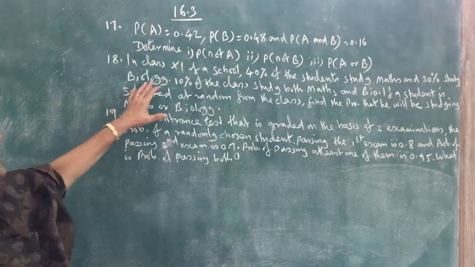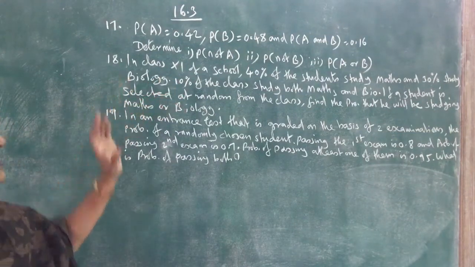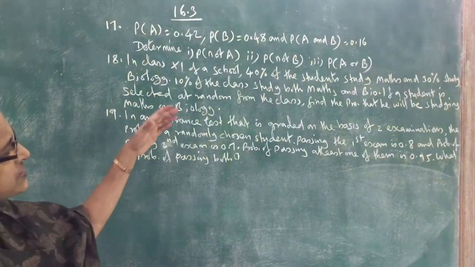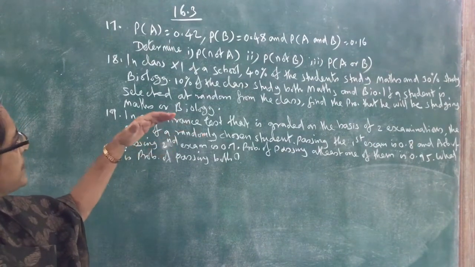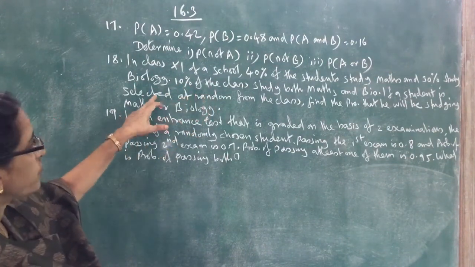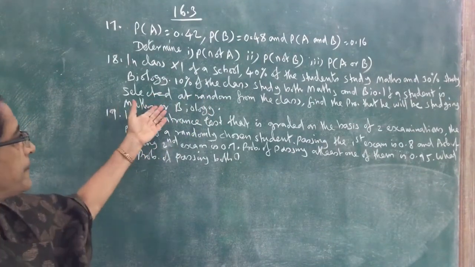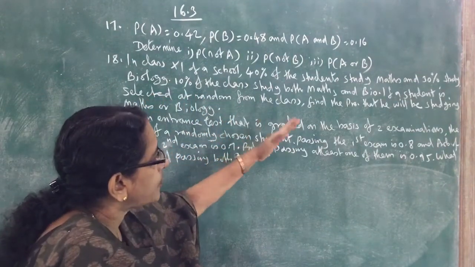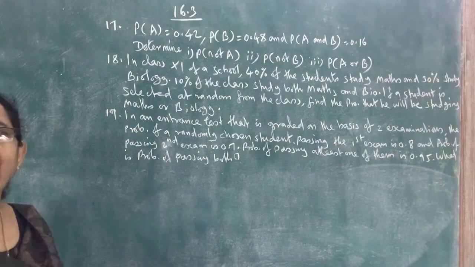So here in the class 11 of a school, 40% of the students study maths, 30% study biology, 10% study both. If one student is selected at random from the class, find the probability that he will be studying maths or biology.